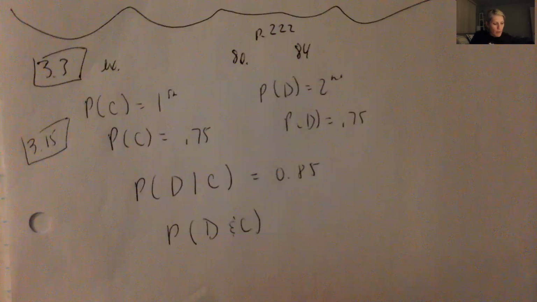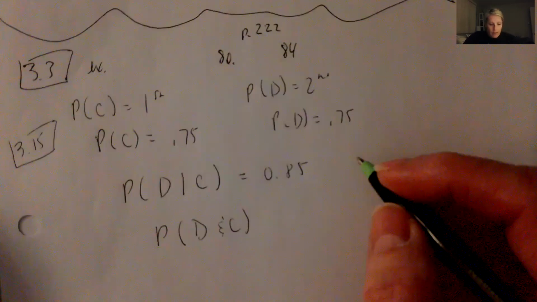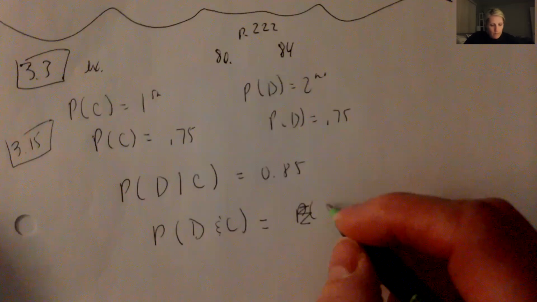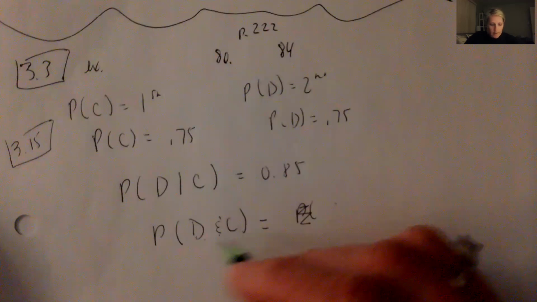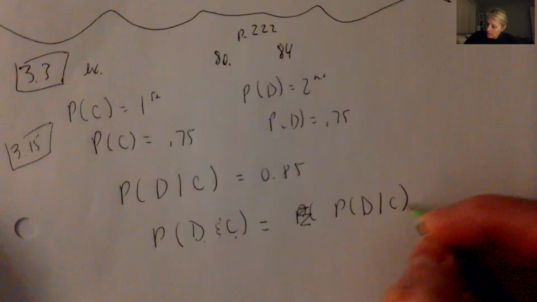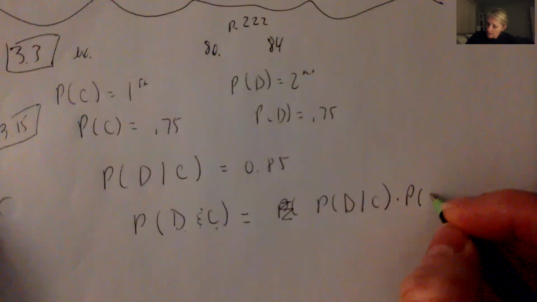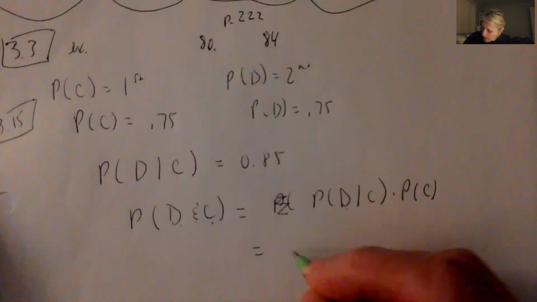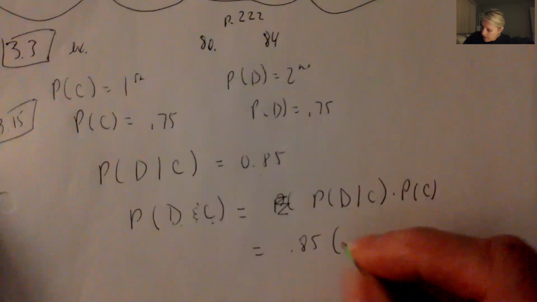Okay, so if we go back to our formula from the prior page on the multiplication rule, the probability of D and C is equal to the probability of D given C times the probability of C. So we know the probability of D given C is 0.85, and we know the probability of C is 0.75.